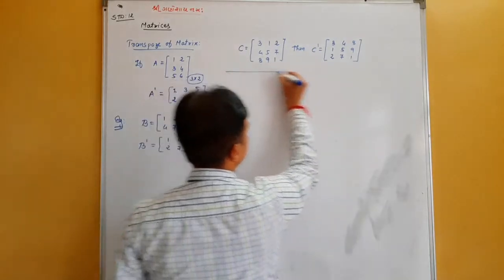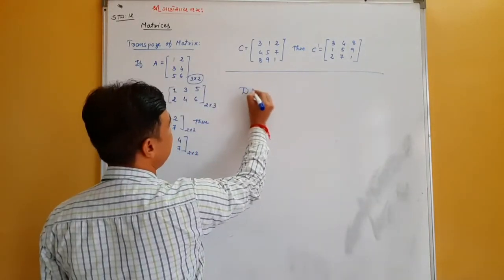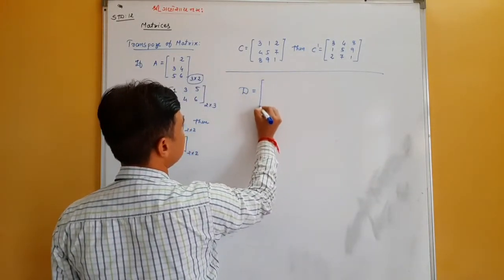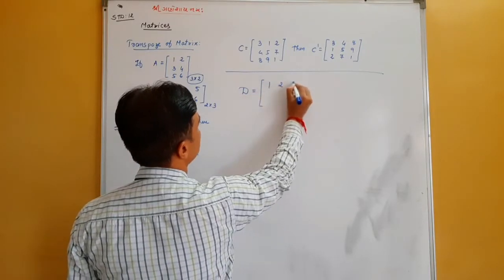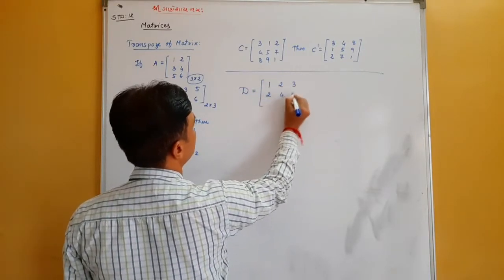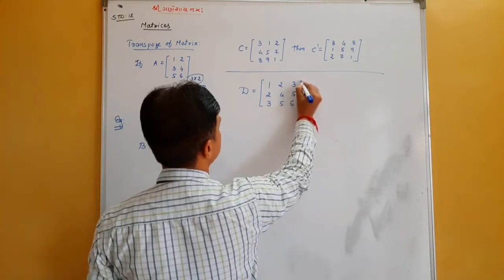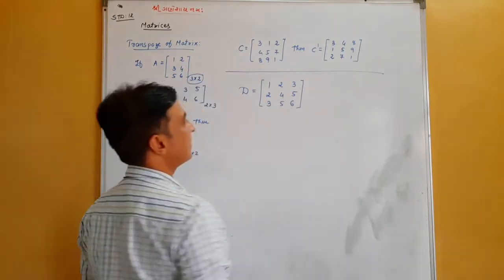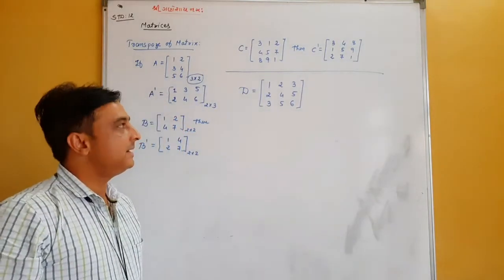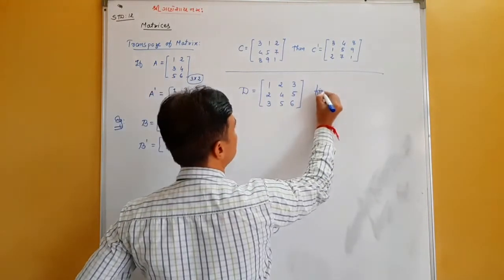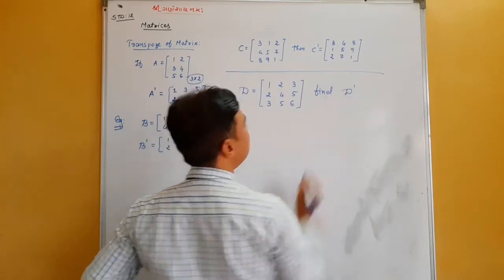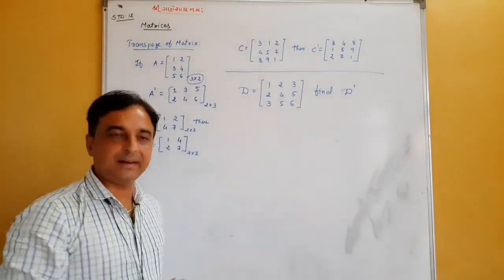Now see the next matrix D: 1 2 3, 2 4 5, 3 5 6. Now find the transpose D dash.